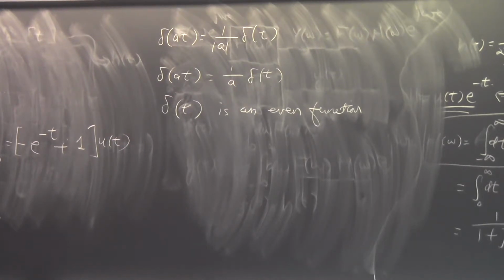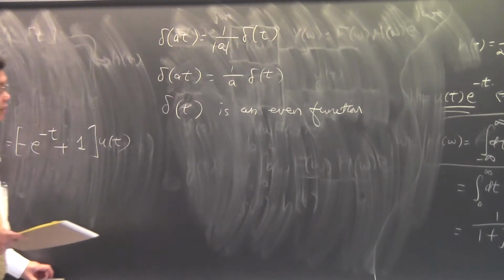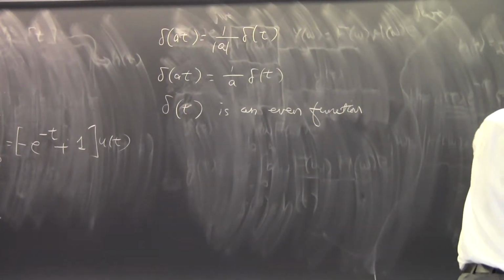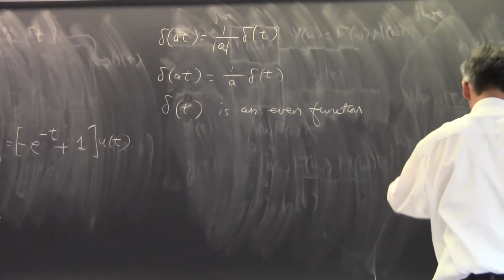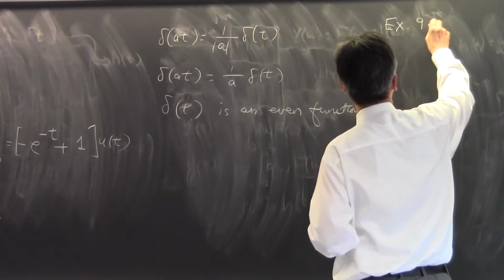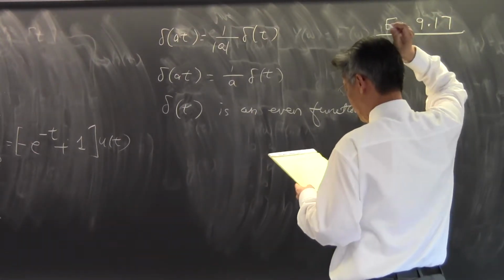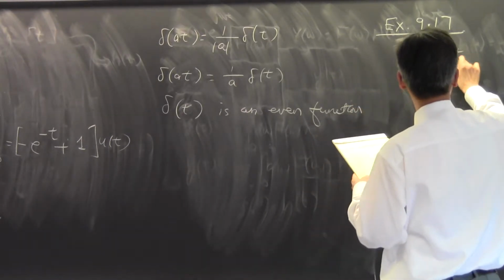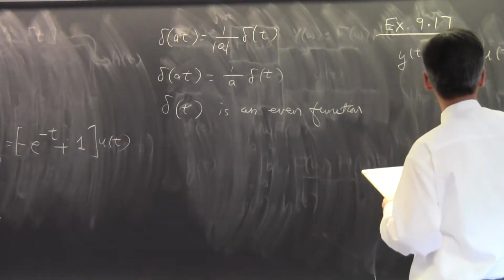Since there are so many examples in this section, I just select some examples and do some, and not all of them. Also, let me do example 9.17. You're given the fact that y of t is equal to t squared u of t.